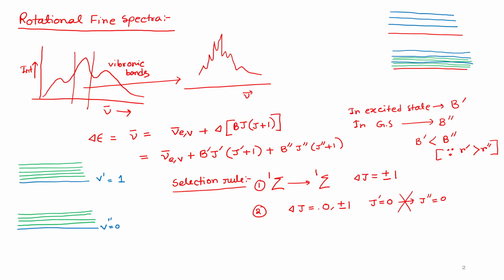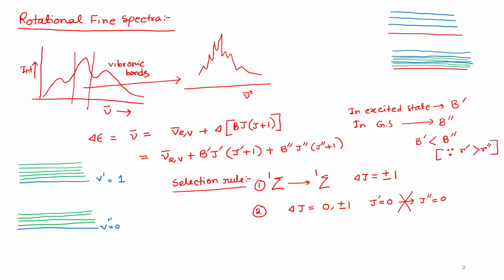Other than that, all is allowed. Because here delta J equals 0 is allowed, but not like that. J dash equal to 1 to J double dash equal to 1 is allowed, but J dash equal to 0 to J double dash equal to 0 is not allowed. Okay. So with that, let us see what the spectra look like for this.